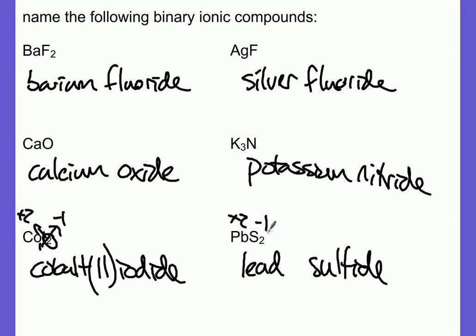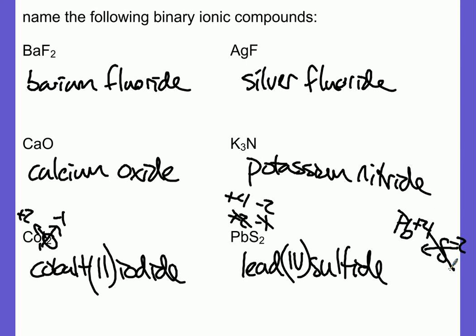Sulfide should have a -2 charge. So if I have to double this to make that charge correct, I'm going to have to double this charge. I should figure out that this is lead 4. It just got reduced when you made that formula. Because remember, if I started out with lead 4 and sulfide, I try and move these numbers, but that 4 and that 2 are going to reduce. So it turned into 1 lead, 2 sulfides.